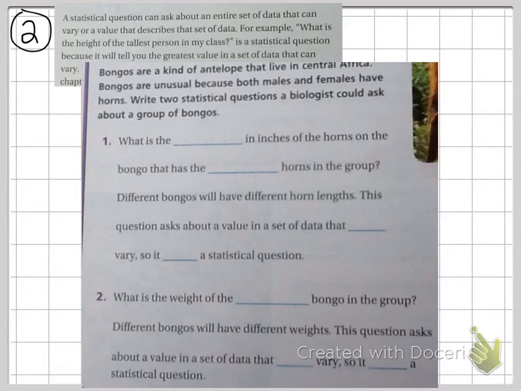So we are looking at the inches of horns, and we know that is measuring length. So what is the length in inches of the horns on the bongo? That is the blank horns in the group. So that is up to us if we want to ask what is the length of the smallest or the longest horns in the group.